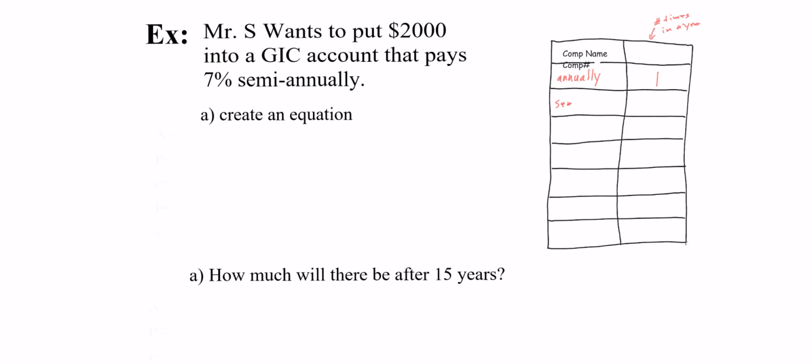If I have something that is semi-annual, that happens twice a year. If I have something that's quarterly, that happens 4 times a year. Now, the next biggest compounding number is monthly.